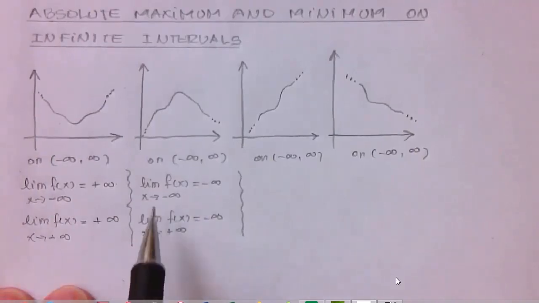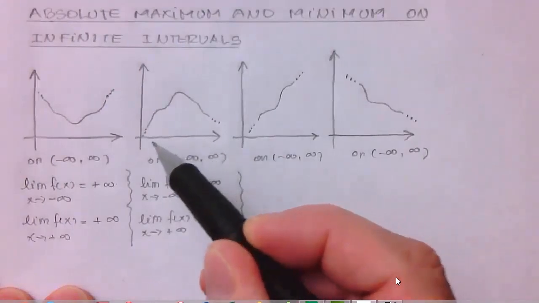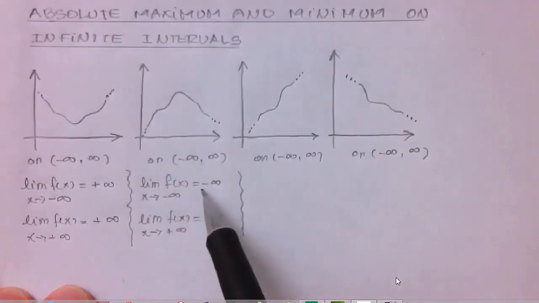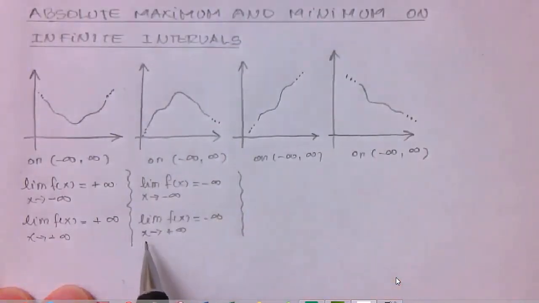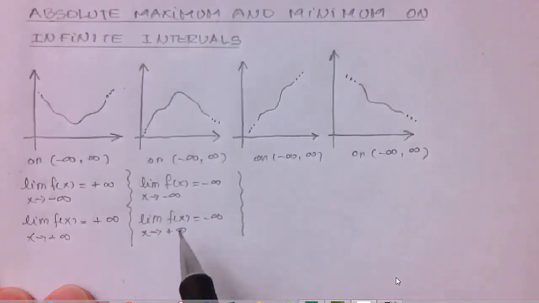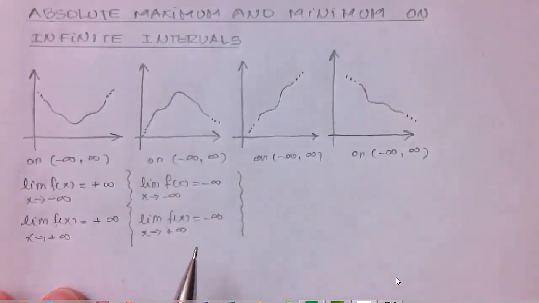Similarly, if we see that the limit of the function when x approaches negative infinity, when x is going this way, is negative infinity, that means the function is going down, and when x approaches plus infinity, the function is also going down, the limit is negative infinity, then the function will have an absolute maximum but no absolute minimum.